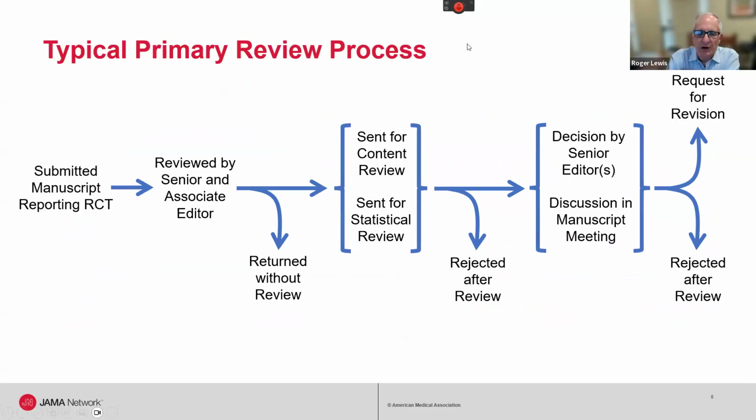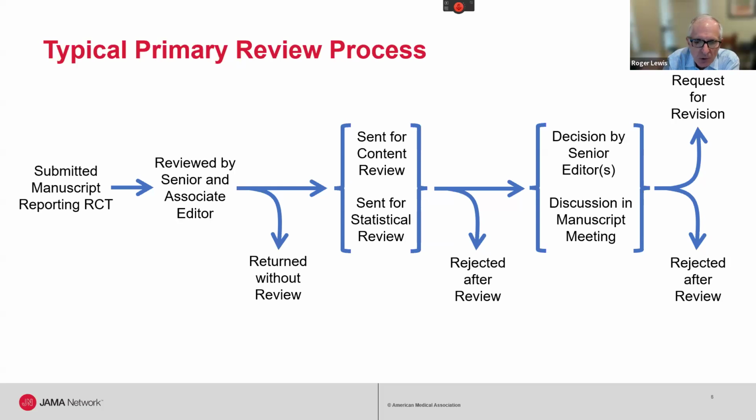So what is our review process? So you submit a manuscript to the journal, and all journals have some sort of what I'll call an initial triage process. At JAMA, it's reviewed by, I think it's now currently one of three senior or associate editors.